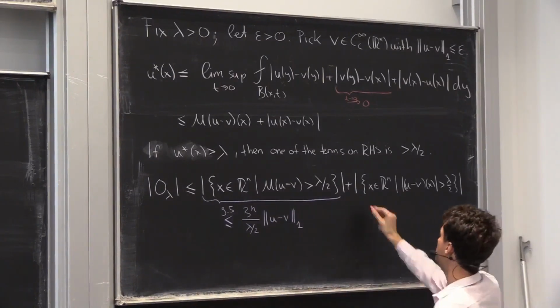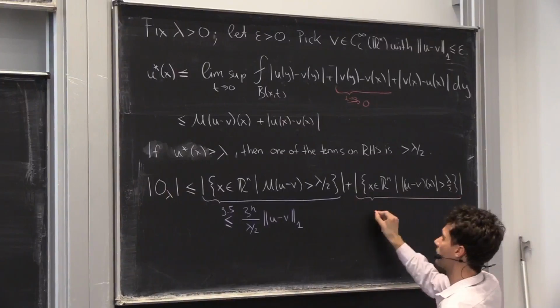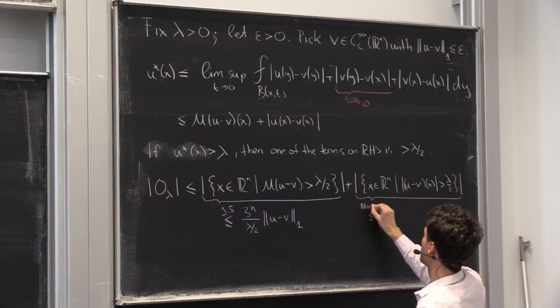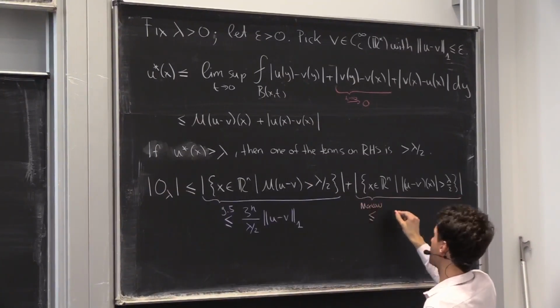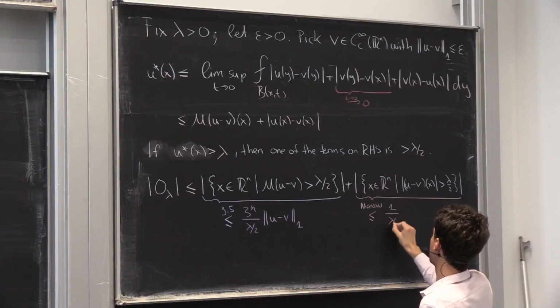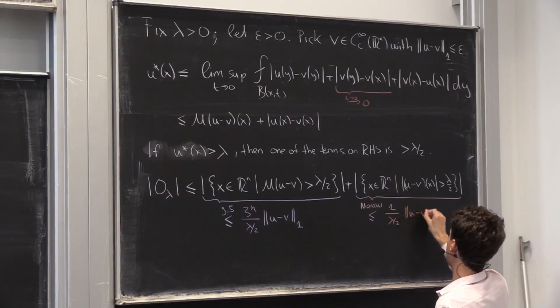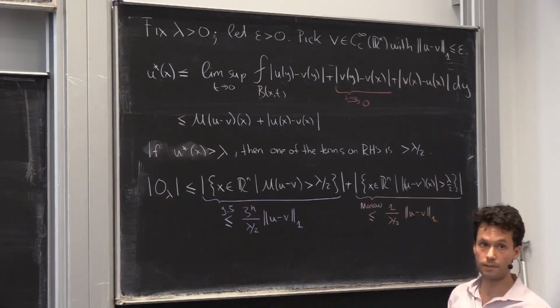And here I can simply use Markov, and I get 1 over lambda over 2 times the norm of u minus v in L1.